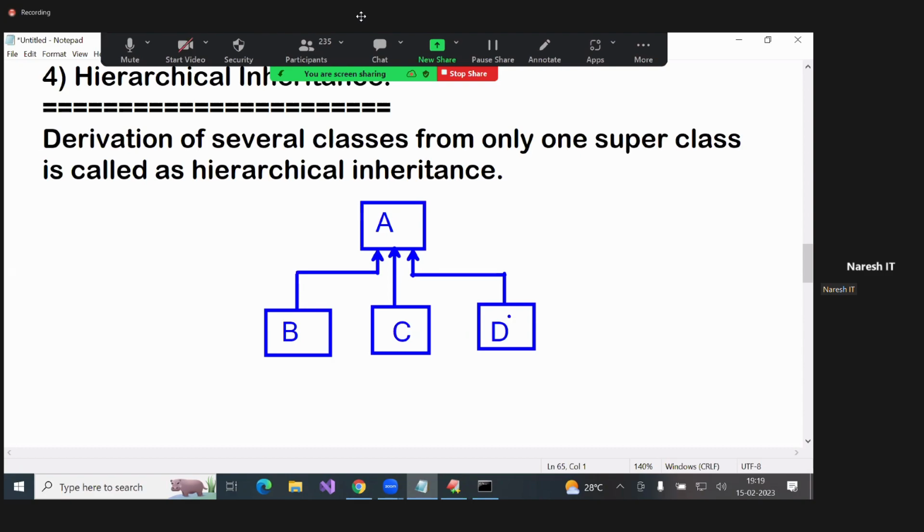Say derivation of several classes, B, C, D, from only one superclass, from only A. It is called hierarchical inheritance.